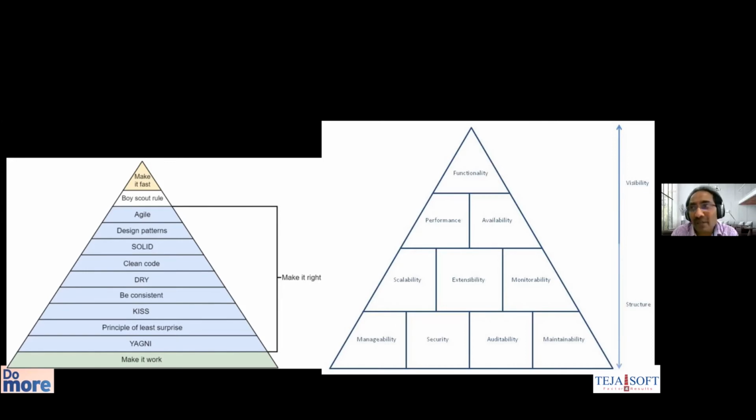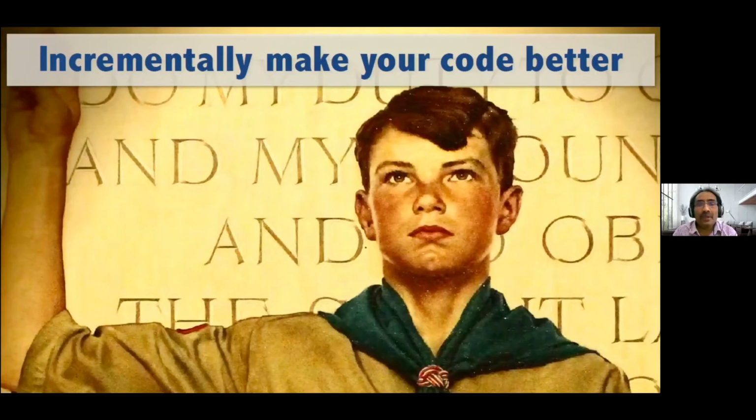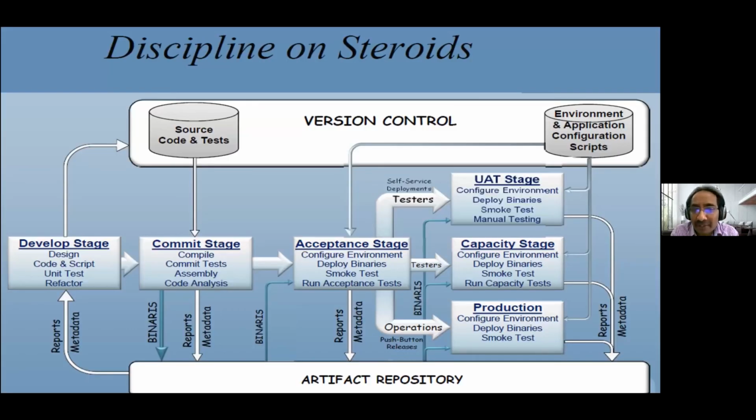So please, your job is not to make it work. Make sure it is perfectly done. Incrementally make your code better, and follow discipline on steroids. This is from one of the books. I think everybody can say it, but as a developer, you should have a personal software process which you cannot give up.